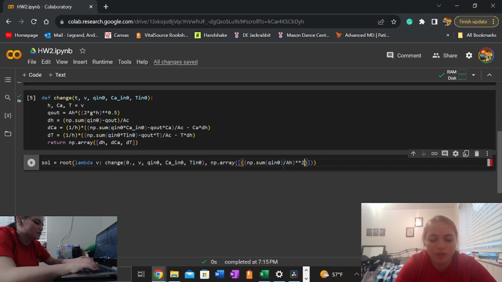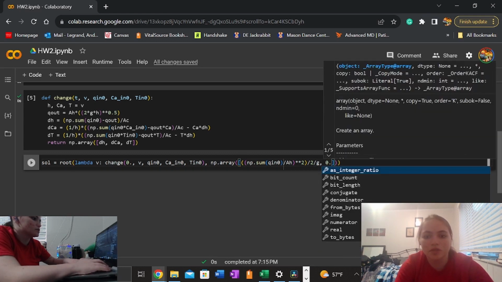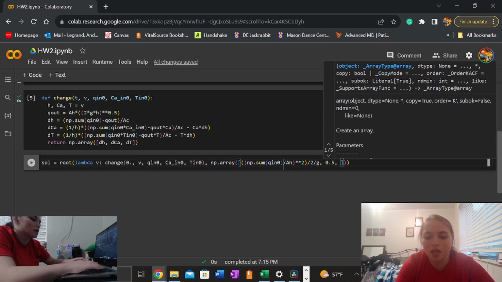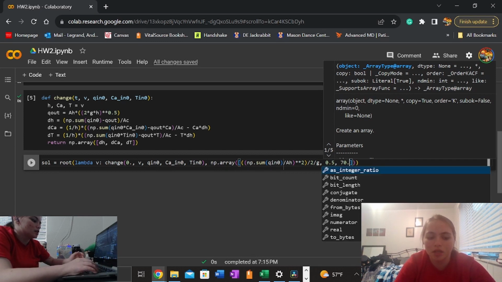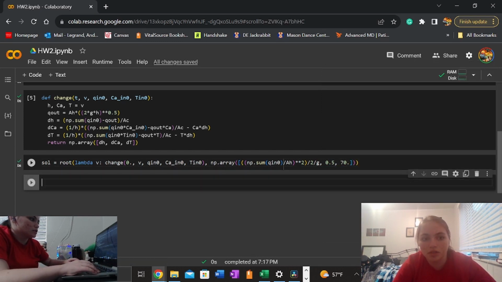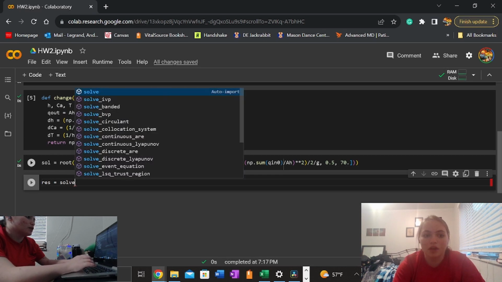You do the exponent of 2, divide it by 2 times G. Alright, and then we have some initial states, so 0.5 and 70. Shift enter. Alright, then we have our result.